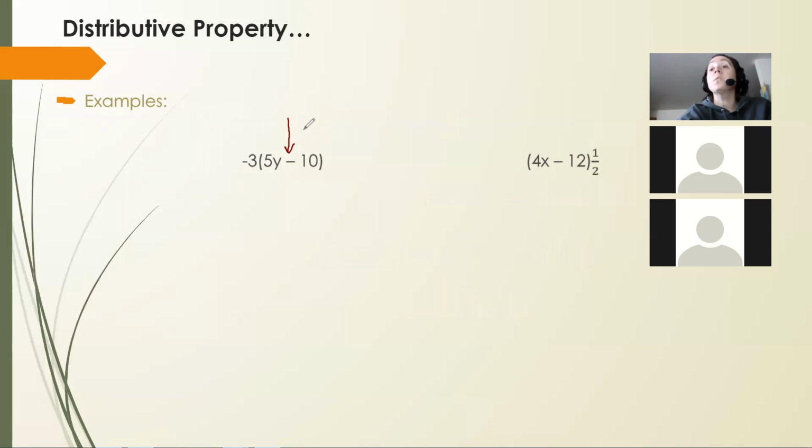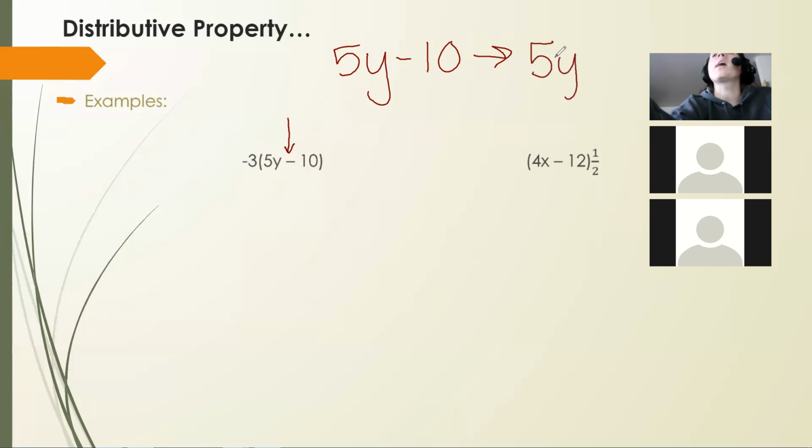What I would do is remember that every single subtraction problem can be rewritten as adding the opposite. So 5y minus 10 can be rewritten as 5y plus negative 10. You slide that negative to the second term and put a plus in there. Otherwise, it's just really hard to keep it straight.